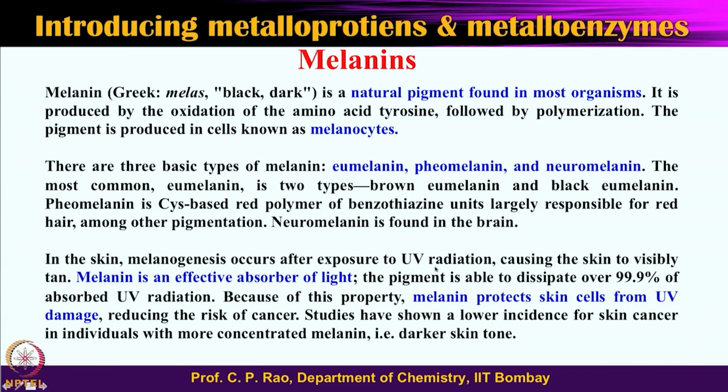In fact, this is the black pigment which dissipates all the UV radiation that falls on the skin, and thereby it protects a person from cancer. This is why people with skin that does not tan try to go for tanning, so that the tanning will help them against the sun radiation, particularly in the UV region.